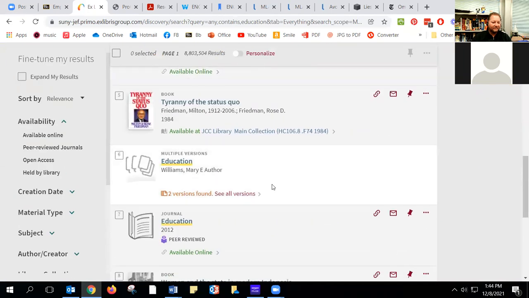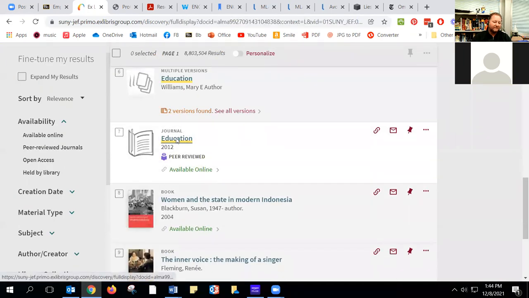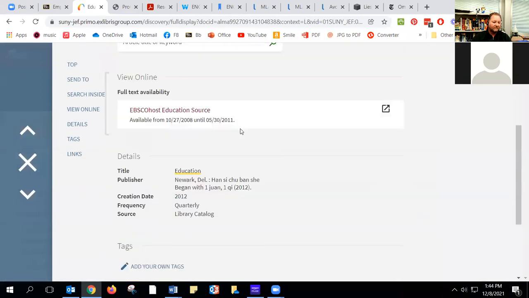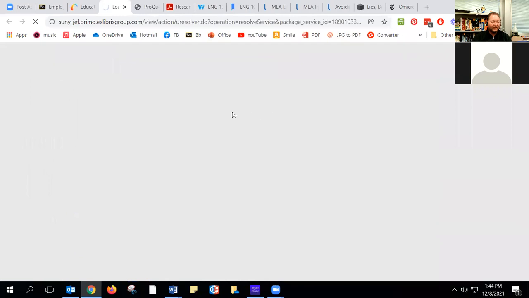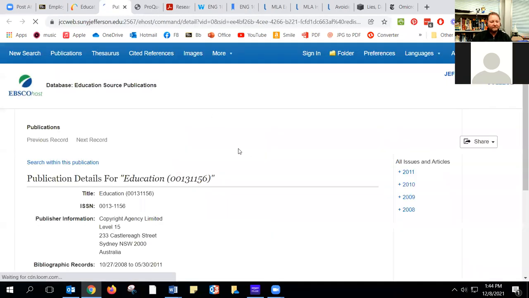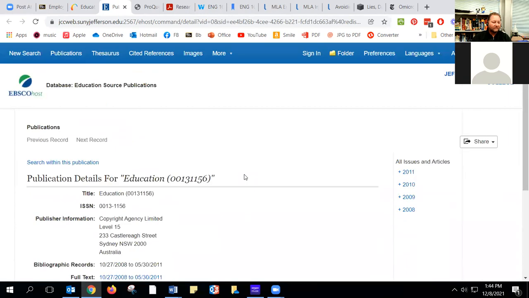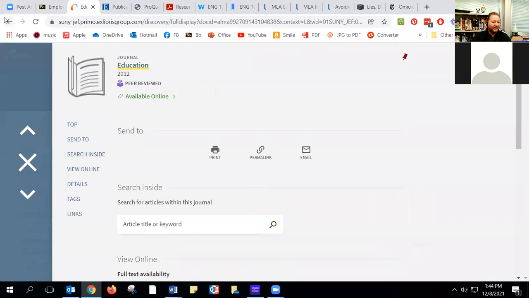There you go. That turn on. There we go. So I'm looking at like this one, because EBSCOhost, you'll see a lot of these as well. So I'm looking at this one here. Oh, it's the actual journal. All right, I got to take a second to do a real search. Sorry.